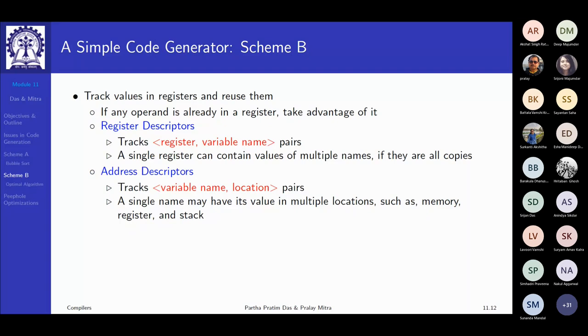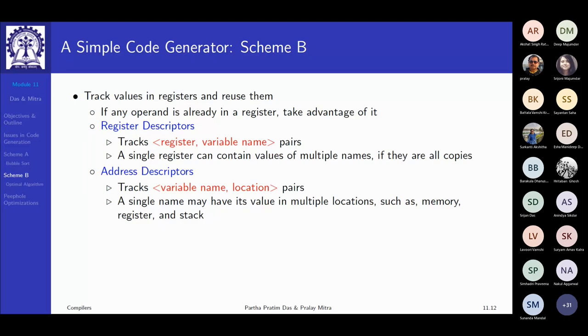Like if I copy A to B, and A was in register R1, then actually I don't need to do this copy. All that I need to maintain is that B is also in register R1. Right? So in a way, this representation itself could optimize certain parts of the code.